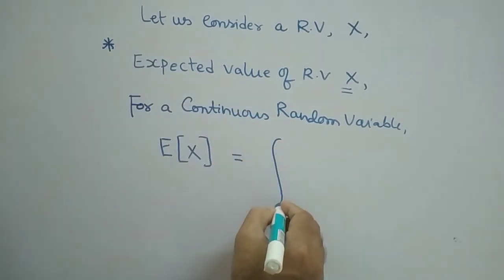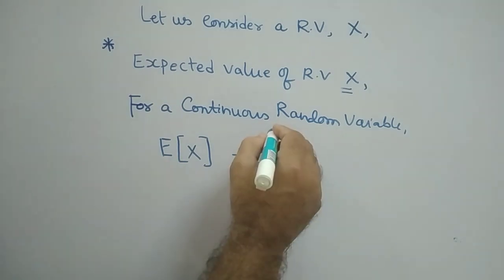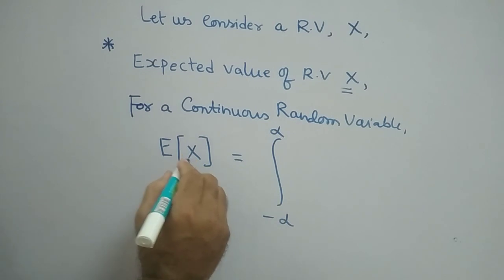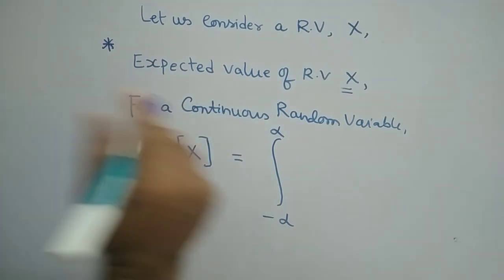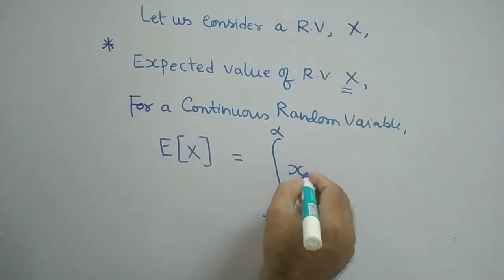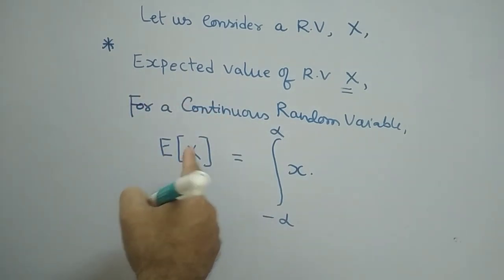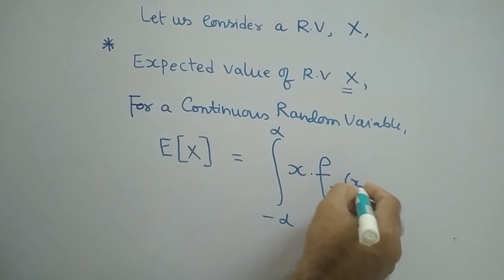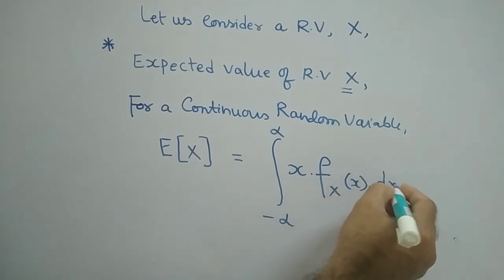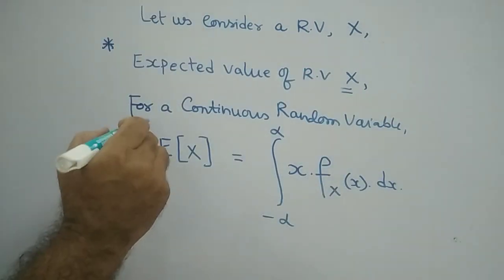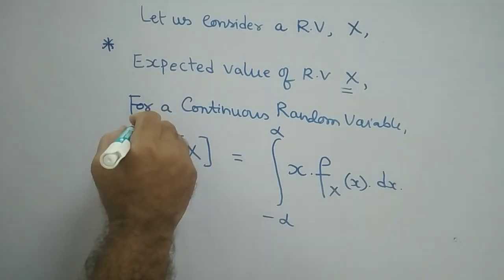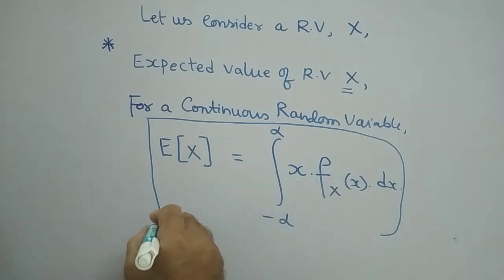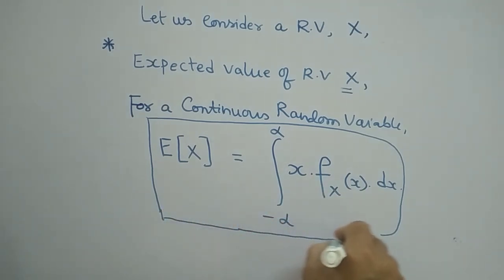This is the integral over minus infinity to plus infinity, and you write the possible outcome value of capital X, that is nothing but small x only, into its PDF, that is small f of x. Very, very important. This is the formula for the expected value of a continuous random variable.